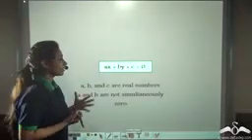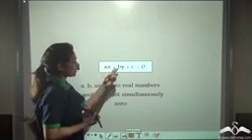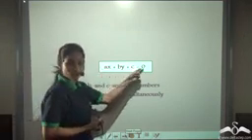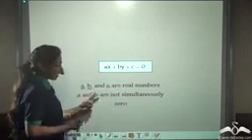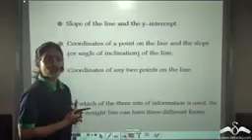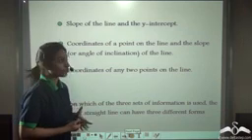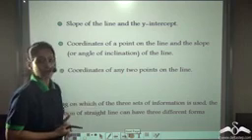Now we know that the general form of an equation of a straight line is ax plus by plus c is equal to 0, where a, b and c are real numbers and a and b are not simultaneously 0. But every time this general form may not be useful. Then what we will do? We will use these informations we just saw to define the straight line.